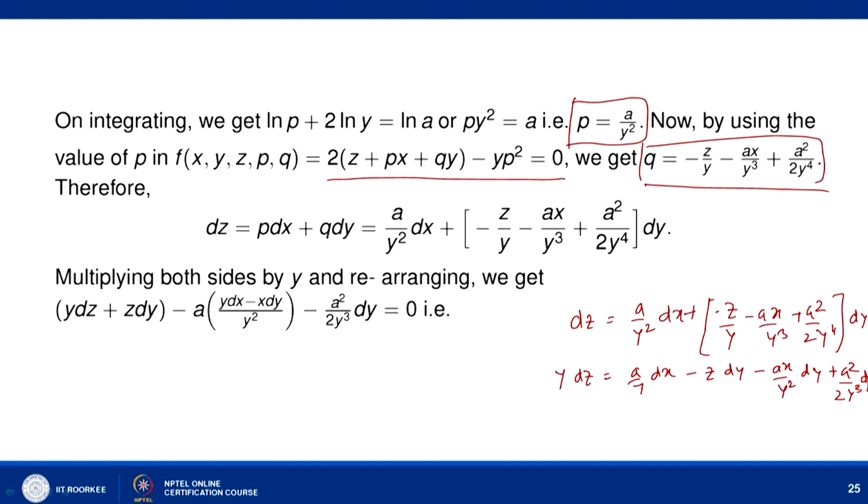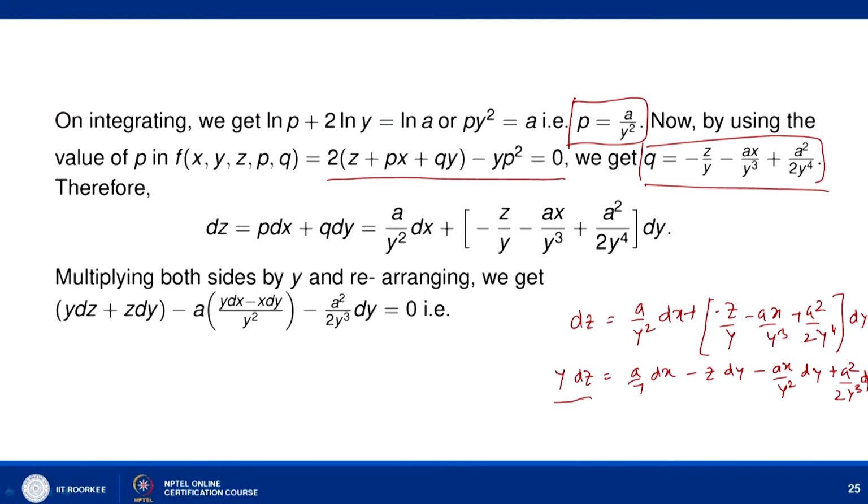Now here one thing we have to note down: you have to arrange it in a way such that it can be written as the derivative of some known form. Since we have y dz, it means you collect some terms of y and z. Here we have y dz, and here it is minus z dy, so these can be collected at the same place.